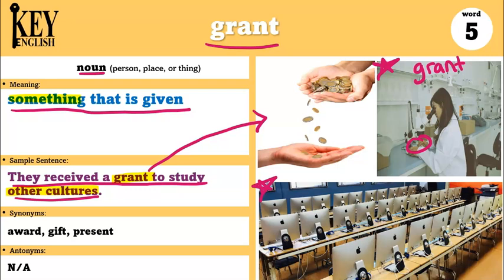If there is a school who got new computers, for example, we can say the school was granted new computers for all the students. So you can think about grant really as like a gift, a present, or an award that is given to someone or that someone receives. And there are no antonyms for this word.